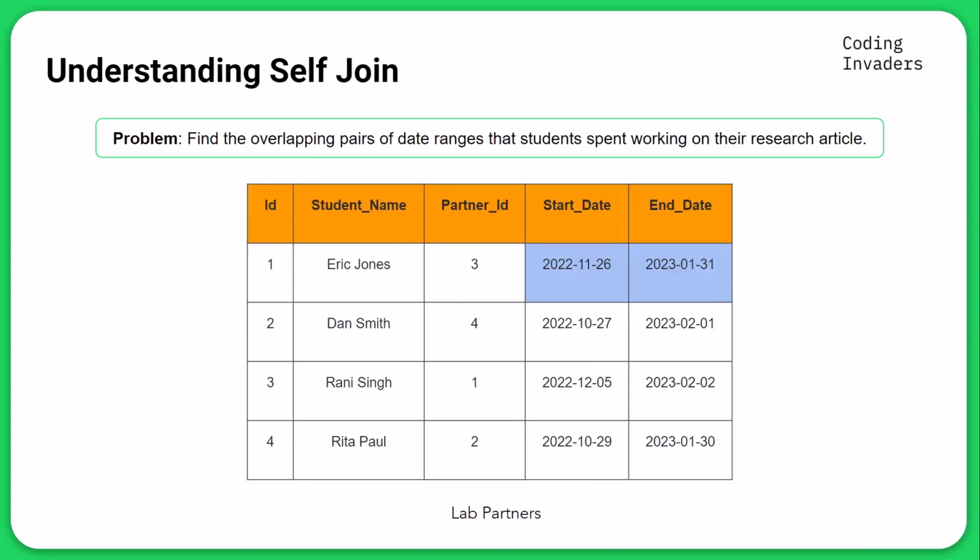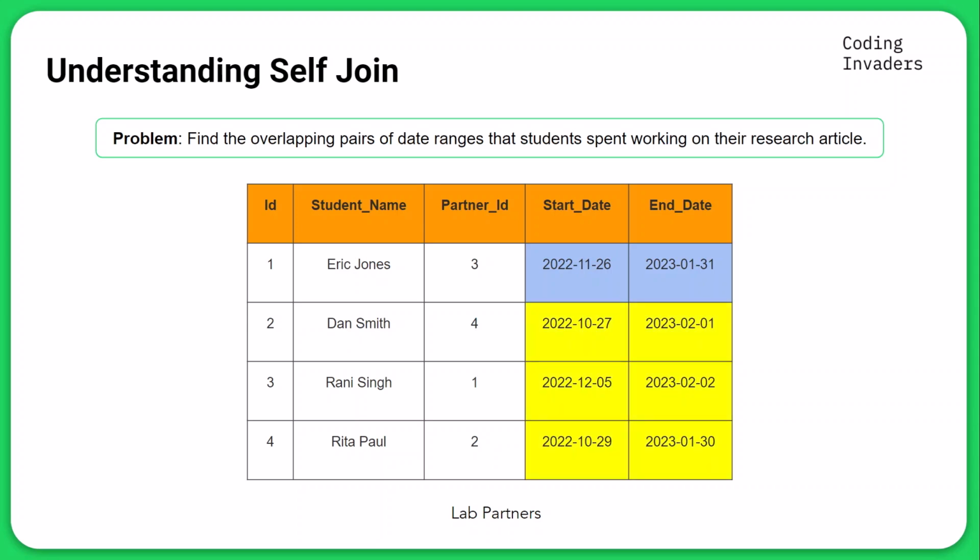For ID1, here's the date range. It starts 2022 November 26th, and the end date is 2023 January 31st, right? Which of the other students has an overlapping date range? These all do have overlapping date ranges.